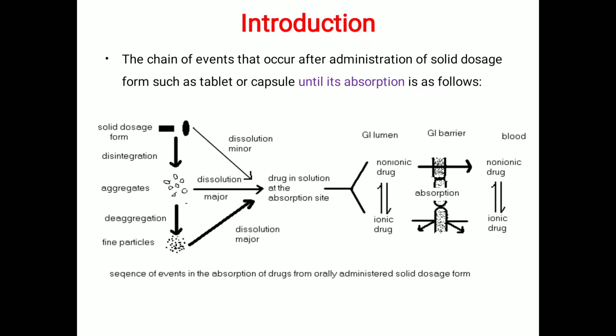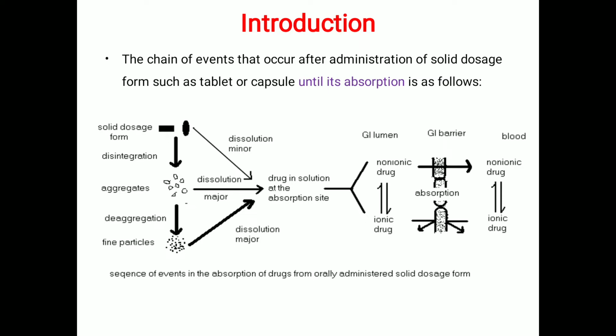After dissolution, the drug is there in the aqueous GI solution. As we already discussed, the drug must have sufficient hydrophilicity in order to be dissolved into the aqueous GI fluid, then it will be ready to cross the cellular membrane. So after the drug dissolution, the drug is there in solution at the absorption site. Then the non-ionic form of the drug easily crosses the gastrointestinal barrier or cellular membrane, and goes into the systemic circulation or into the blood.